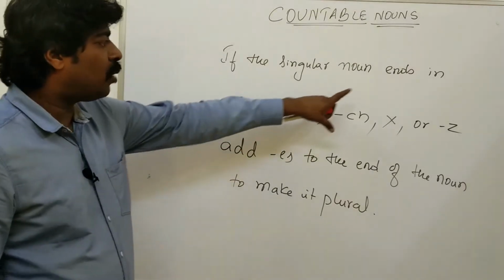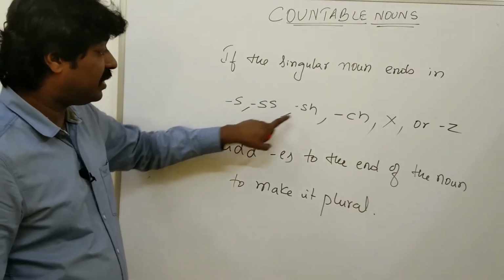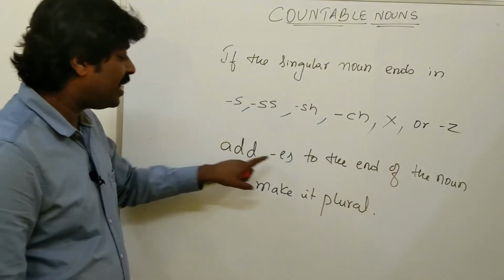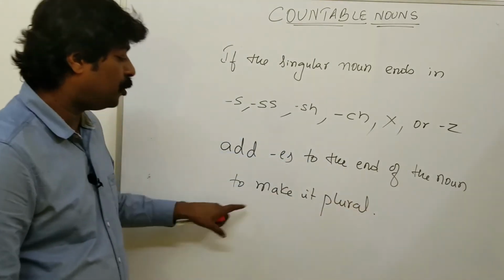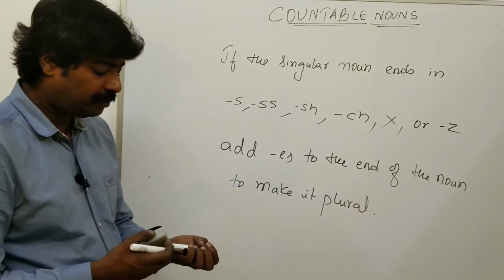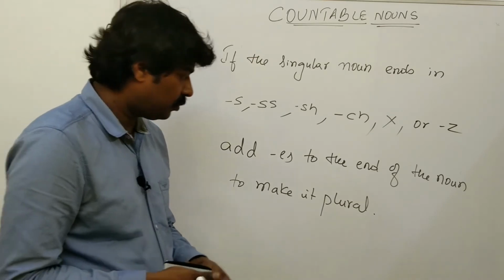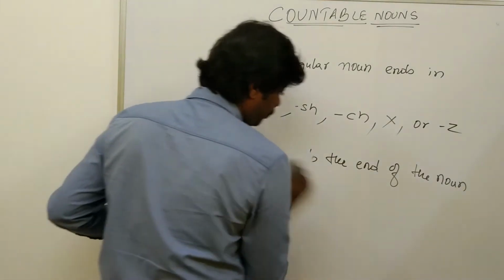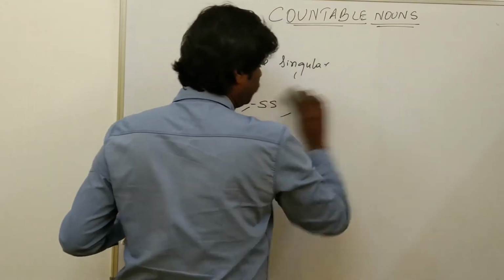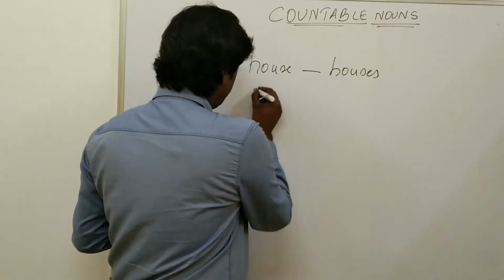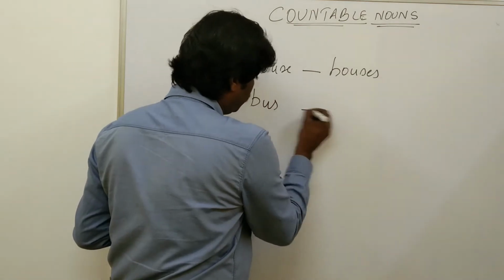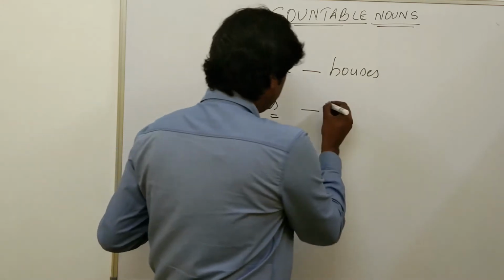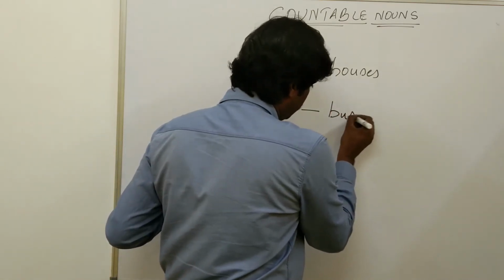If the singular noun ends in s, ss, sh, ch, x or z, add es to the end of the noun to make it plural. For example, bus. It is ending with s. Buses.